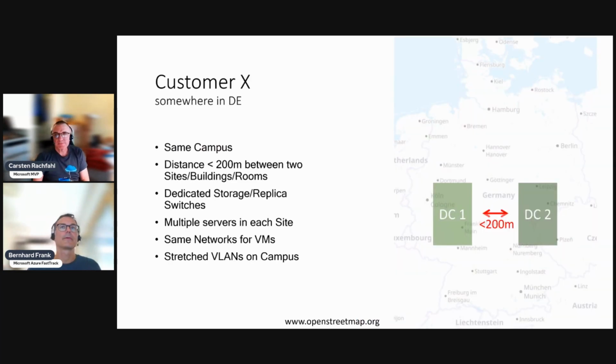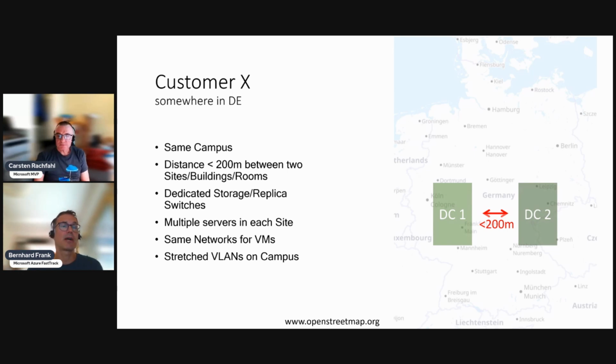Yeah. So what we usually see, and it might be because we don't have these kinds of customers, is a much smaller scenario where the geo redundancy is wanted on the same campus, or maybe on two campuses that are less than 200 meters apart.